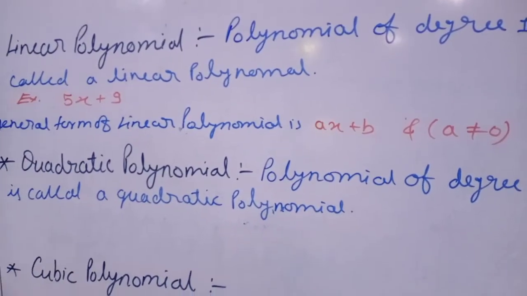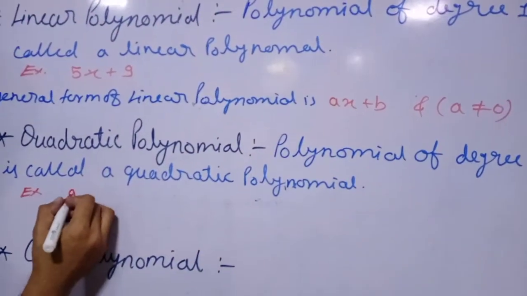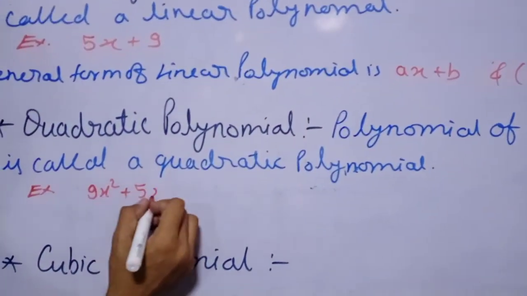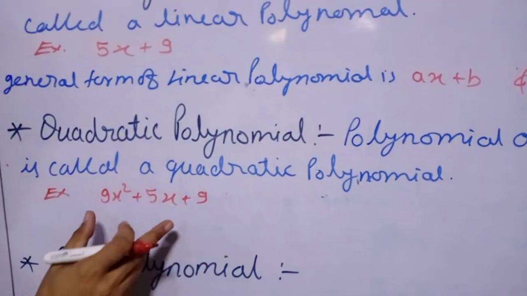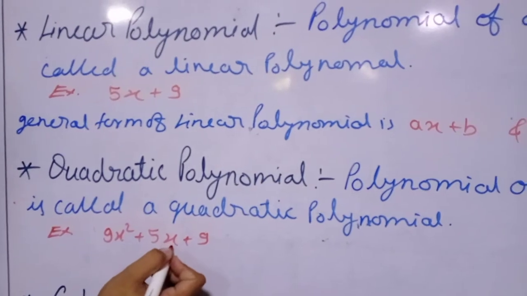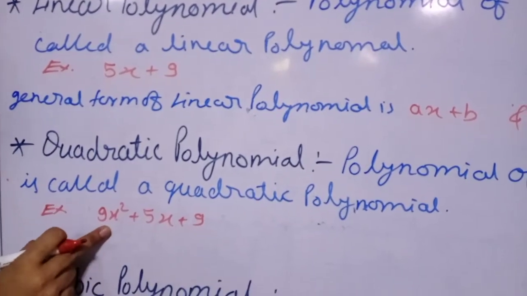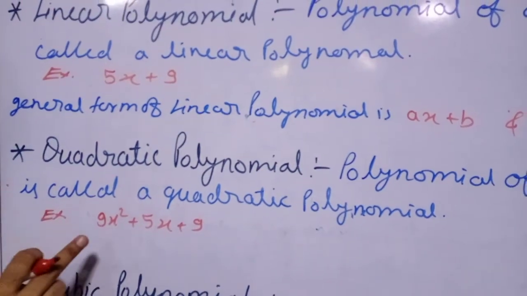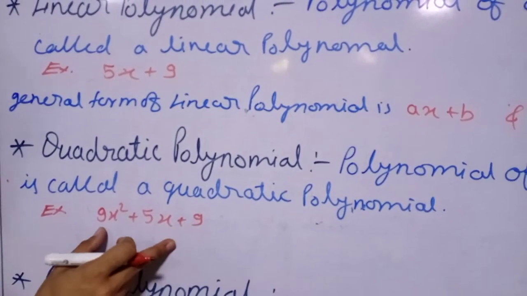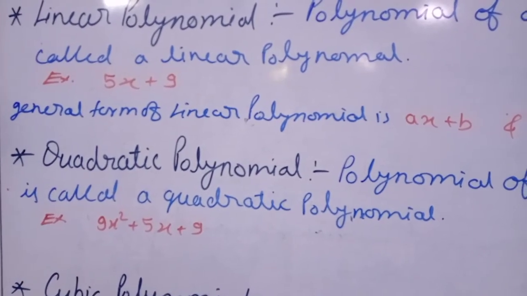Yes, for example, here we have 9x square plus 5x plus 9. Here you can see this 5x, the x is having power 1, and the first term x is having power 2. So the degree of this polynomial is 2. So that is called a quadratic polynomial.